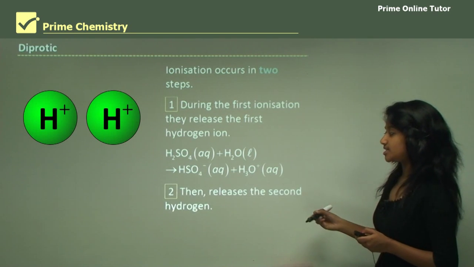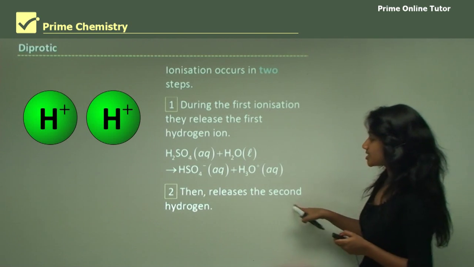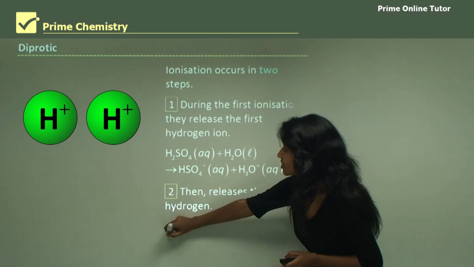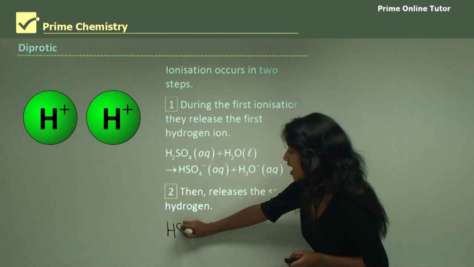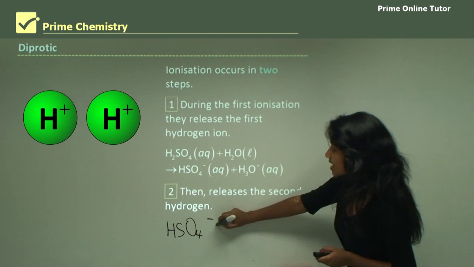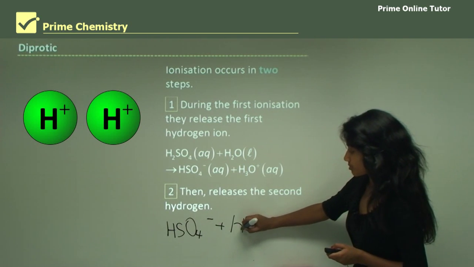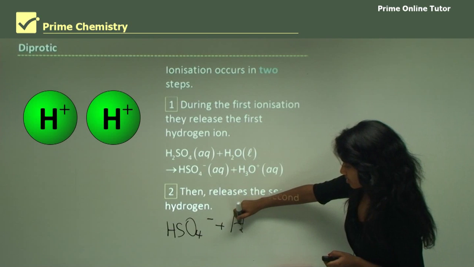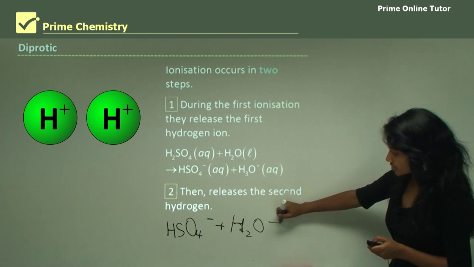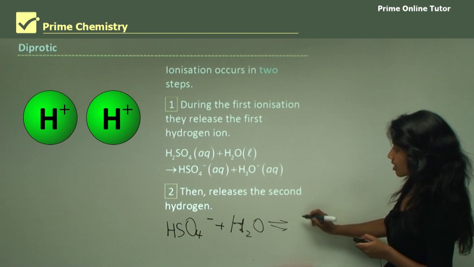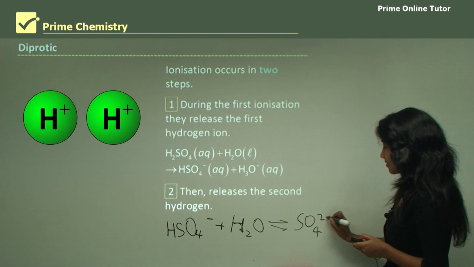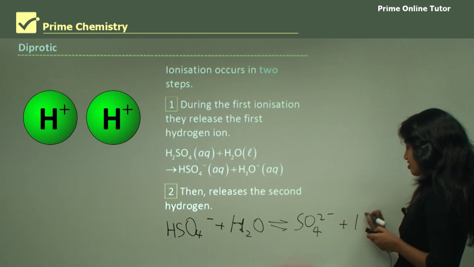Then comes a second step where the second hydrogen is released. Now here's what we have as a product. Now this product, HSO4 minus, reacts with water to produce our sulfate ion and a hydronium ion.